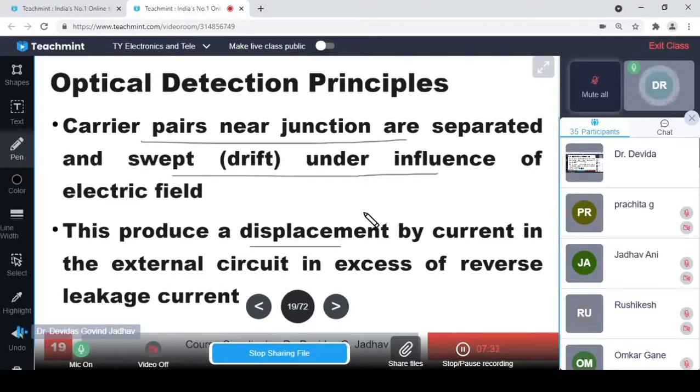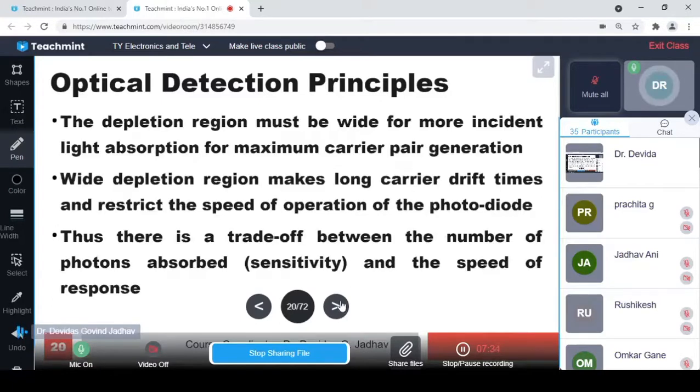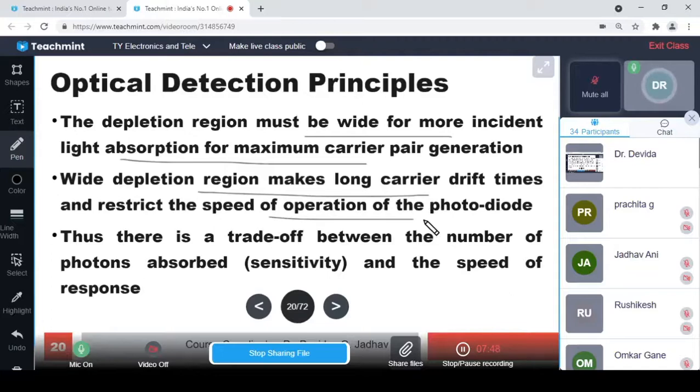The depletion region must be wider so that more incident light is absorbed for maximum carrier pair generation. But a wider depletion region makes for long carrier drift times and restricts the speed of operation of the photodiode. There is a trade-off between the number of photons absorbed, sensitivity, and the speed of the response.